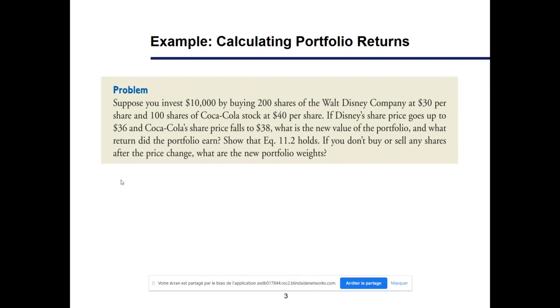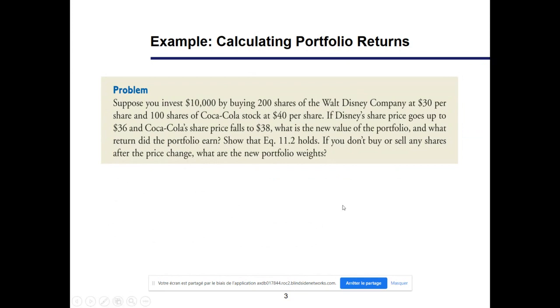If Disney share price goes up from $30 to $36 after a period, and Coca-Cola share price falls from $40 per share to $38. What is the new value of the portfolio, and what return did the portfolio earn? If you don't buy or sell any share after the price change, what are the new portfolio weights?